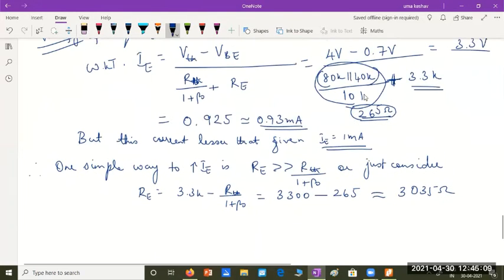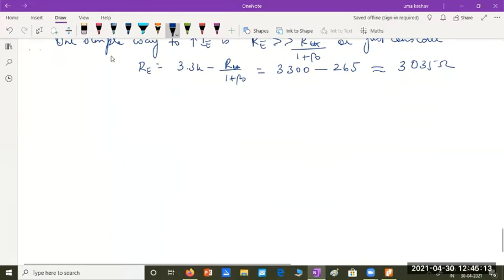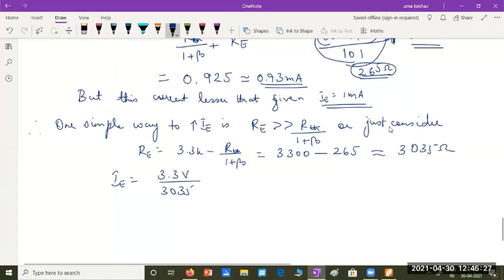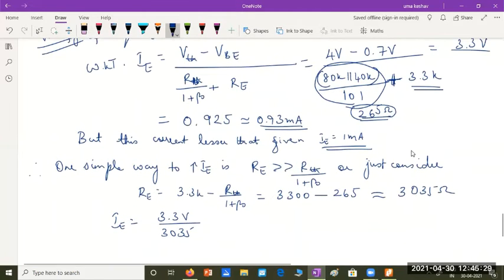The one way of doing it is to make this very small, and with that, what will happen to the value of IE? You will get it as 3.3 volts divided by 3035. Is that correct?